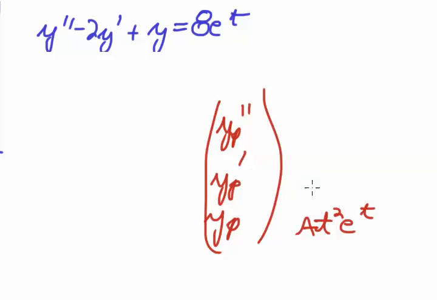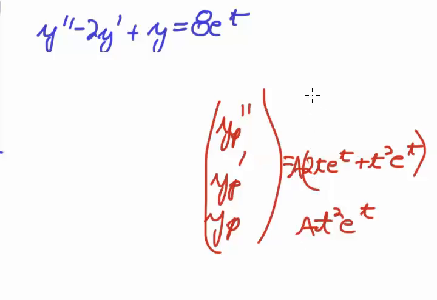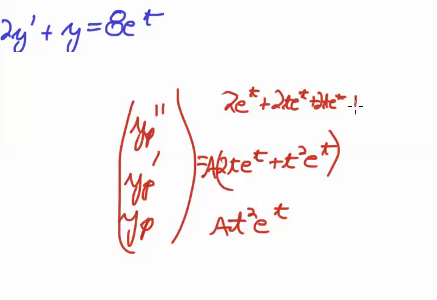Y sub p prime is 2t e to the t plus t squared e to the t, all times a, and y sub p double prime is 2e to the t plus 2t e to the t plus, this is going to break out a 2t e to the t plus t squared e to the t.